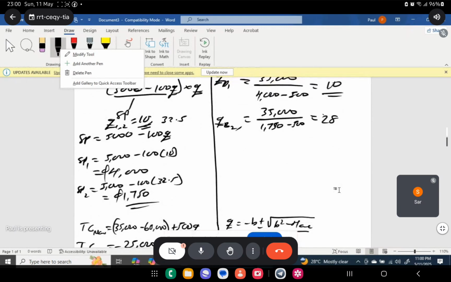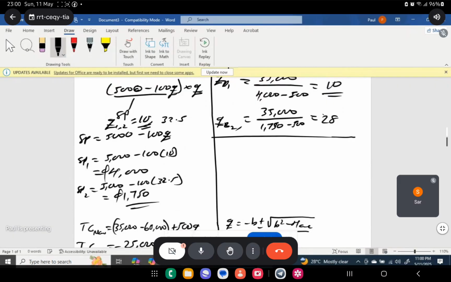I shouldn't get 28, but I want to use this to explain something. With the loss question, this one is not even relevant, but I wanted to use it to explain. With the loss, to get break-even quantity, it is your total fixed cost plus the targeted profits. If it is a profit, we add it, divided by your contribution per unit.